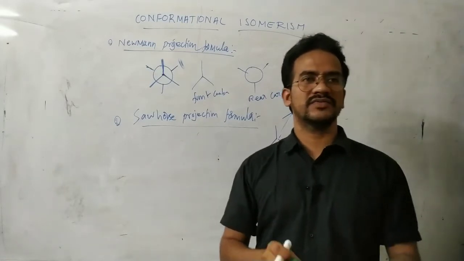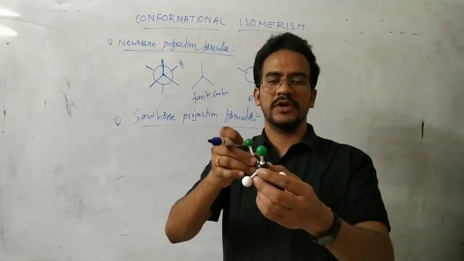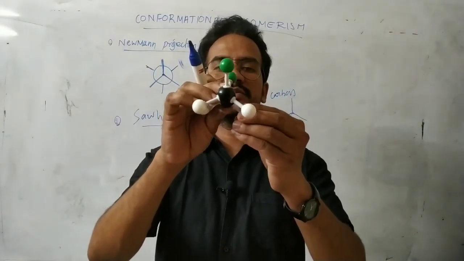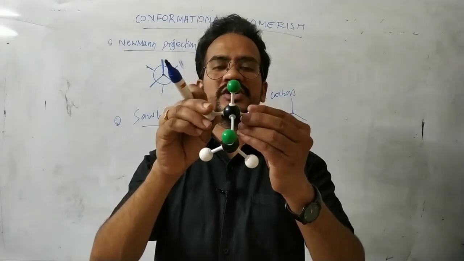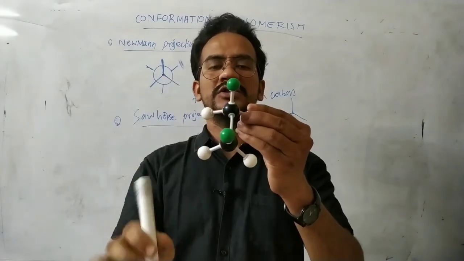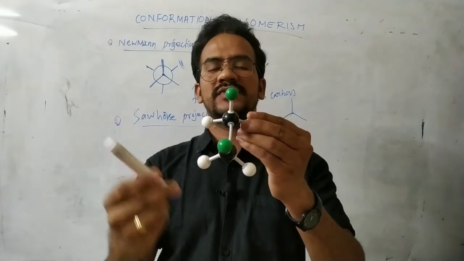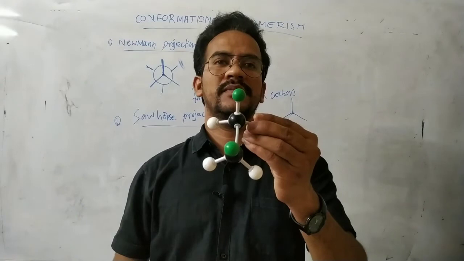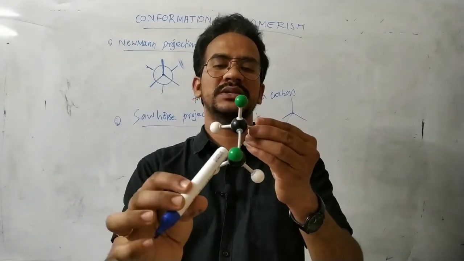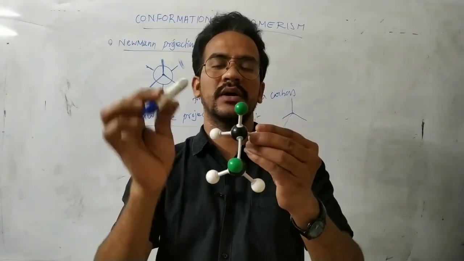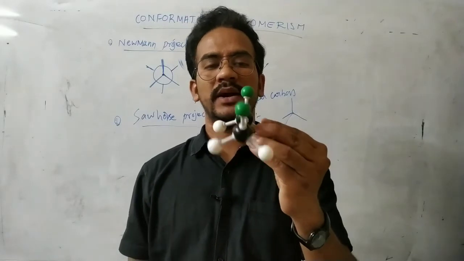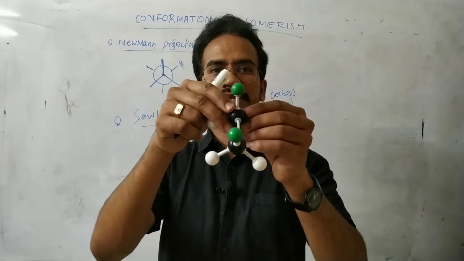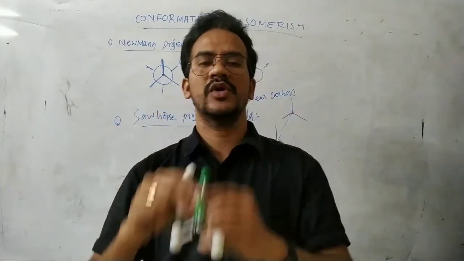Your way of looking is different. In a Newman projection you look one way; in a Sawhorse projection the way of looking is different. This is the front carbon, this is the rear carbon, and in this way of looking we can see both carbons, including the rear carbon. That's it.